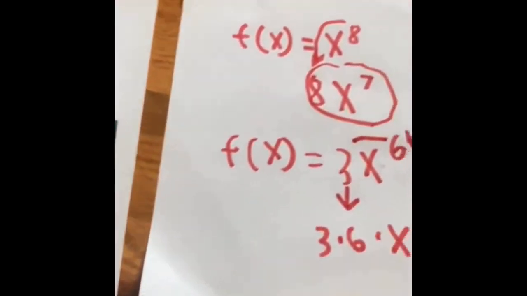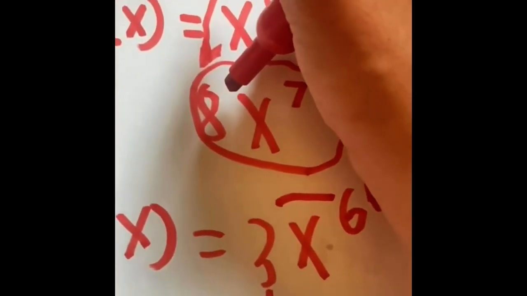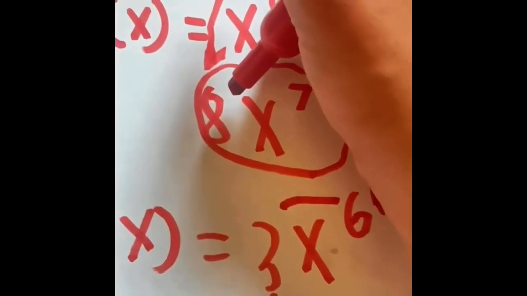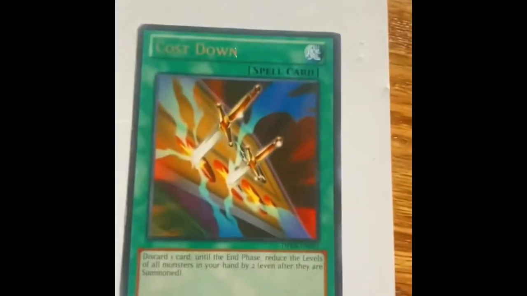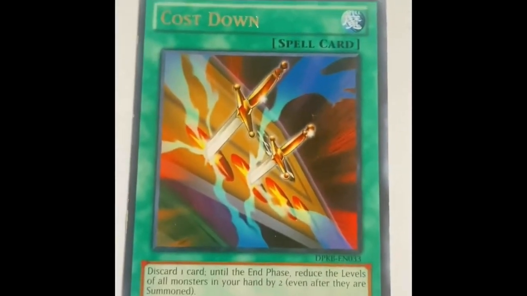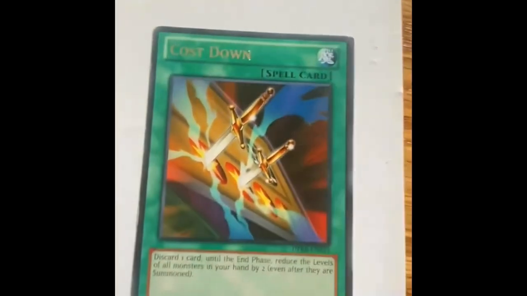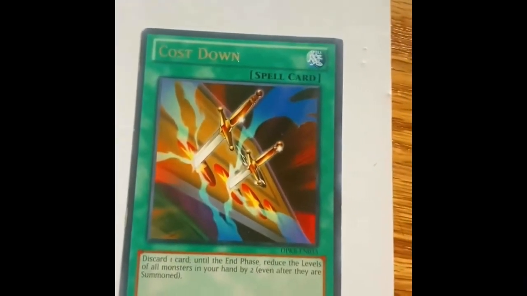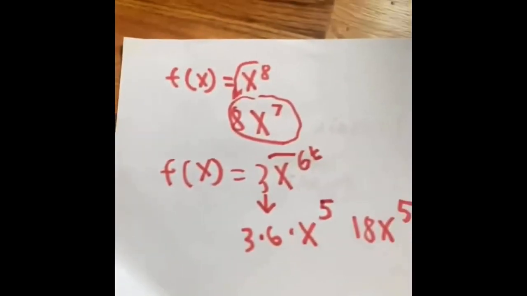That reminds me that we had to put that 8 down here. That could act like discarding your card to your end phase. Then powering that level down a bit is the second part of the card. That is useful when your monsters' powers and levels are too high, and that can be an example of a derivative.